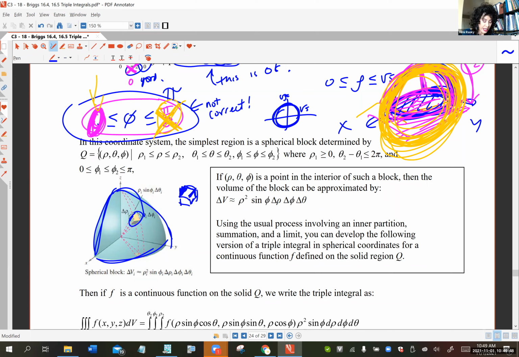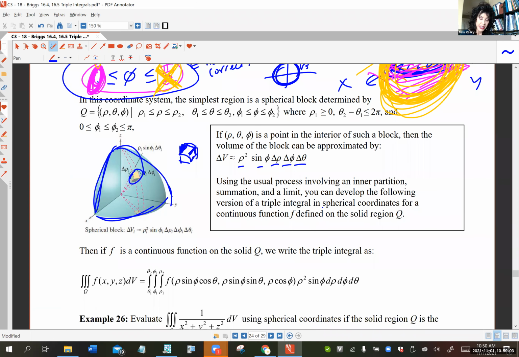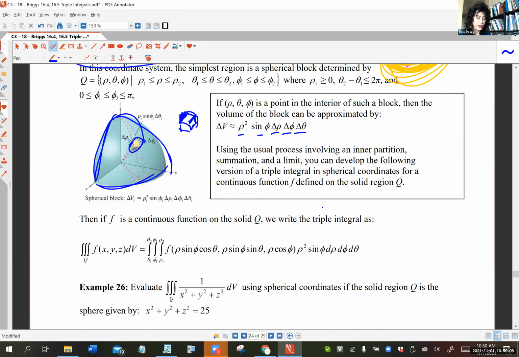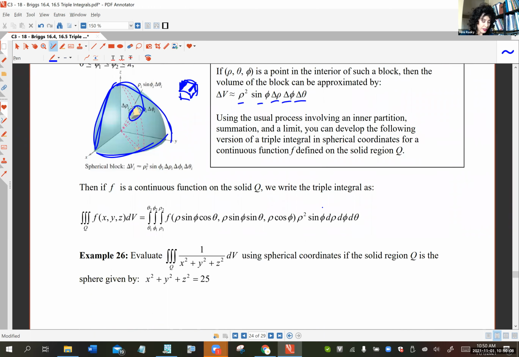It kind of grows outward as you get further away from the origin of the sphere. And if you did some geometry on that, the volume of that block would be rho squared sine phi, delta rho, delta phi, delta theta. And then you do the whole partition thing, and you take Riemann sums, and so on.